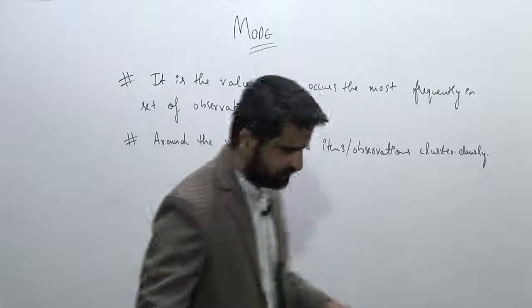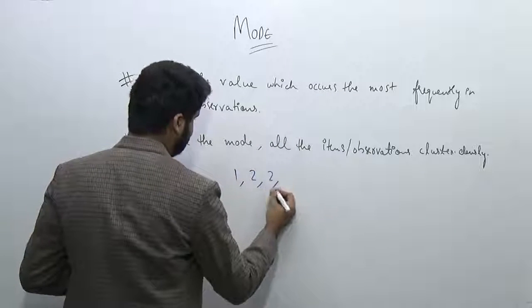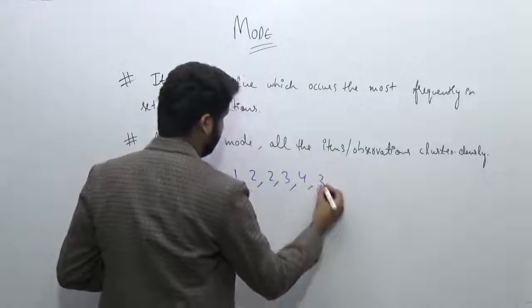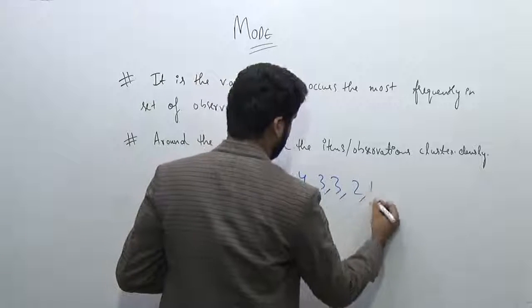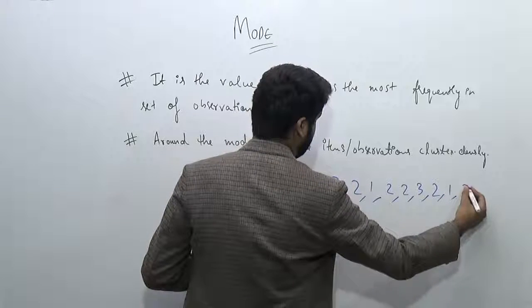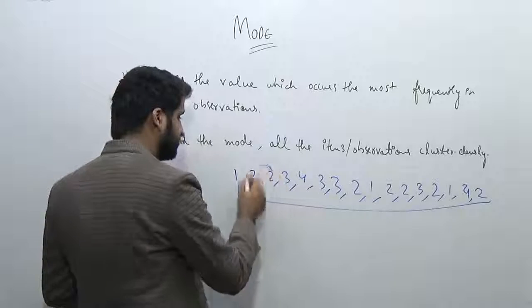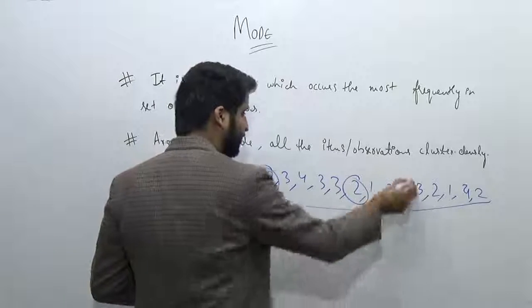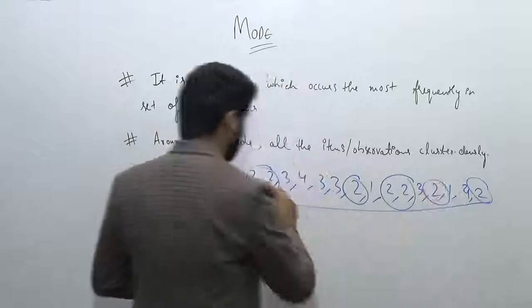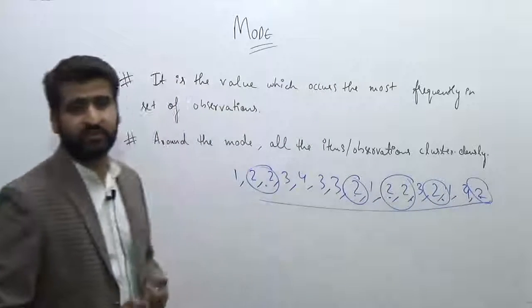Now guys, see, if I say that the data is like this: 1, 2, 2, 3, 4, 3, 3, 2, 1, 2, 2, 3, 2, 1, 4, 2. Now you can see that there are too many 2's, right? So there are 1, 2, 3, 4, 5, 6, 7. So 7 2's in this data.